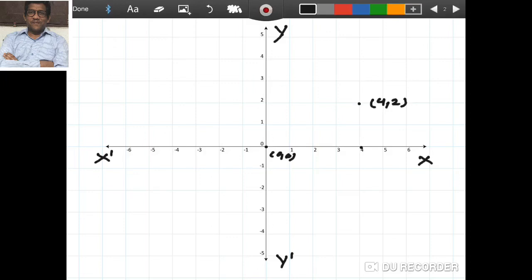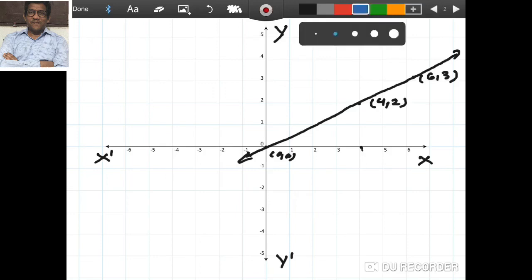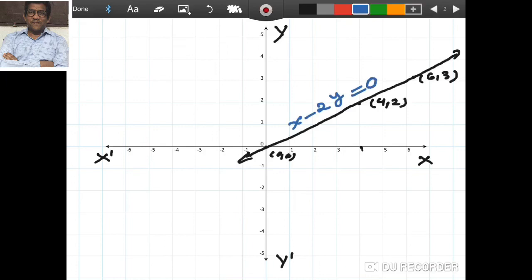That is x is equal to 6 and y is equal to 3. Now join these points. We will get a straight line representing the equation x minus 2y is equal to 0.